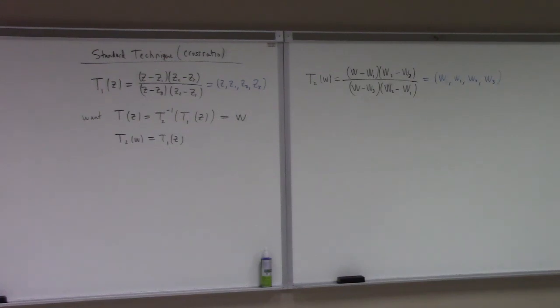So I need to say Z minus 1 minus 2I times Z2 minus Z3, which in this case is I minus 1, divided by Z minus 1 times Z2 minus Z1, which is minus 1 minus I. And on the other side, I'm supposed to do W minus 0 times Z2 minus Z3.